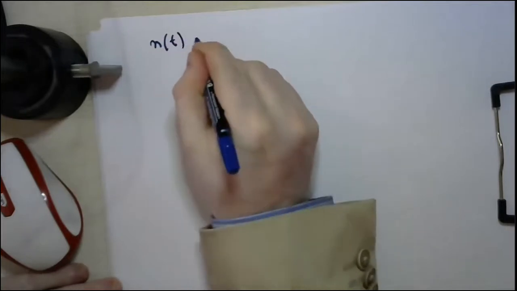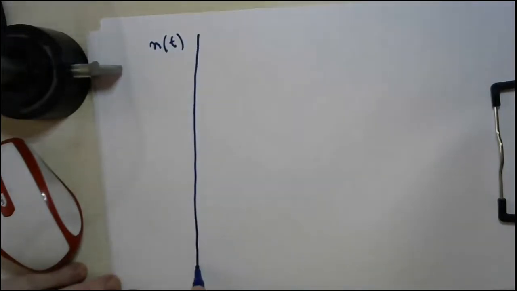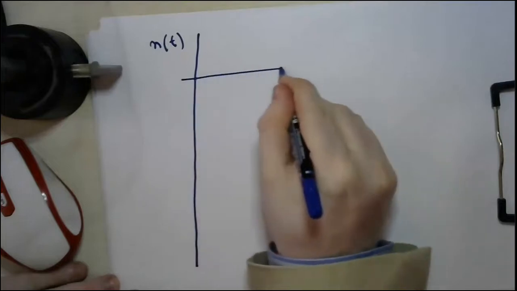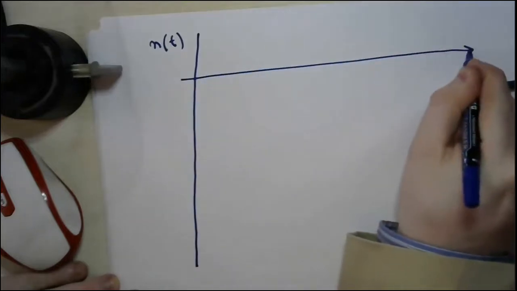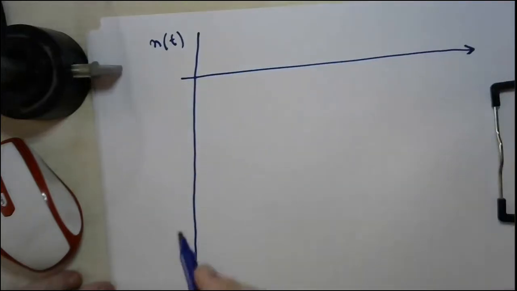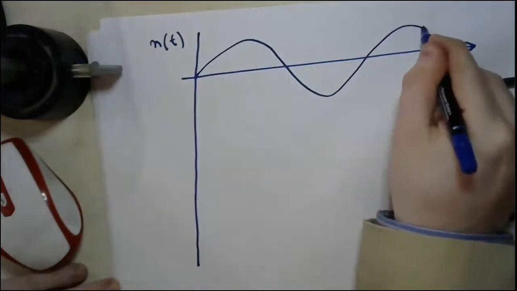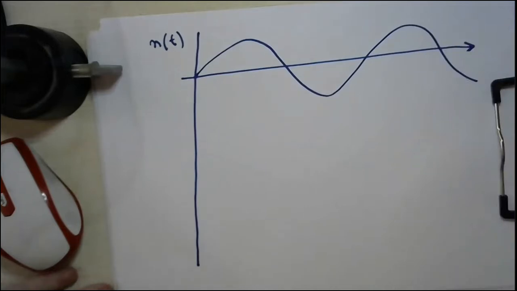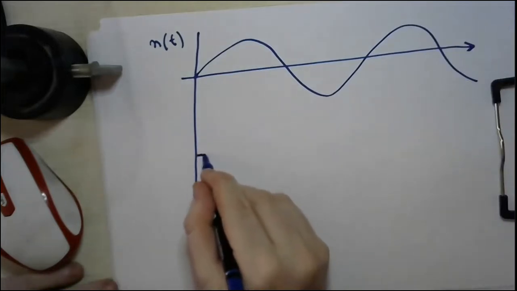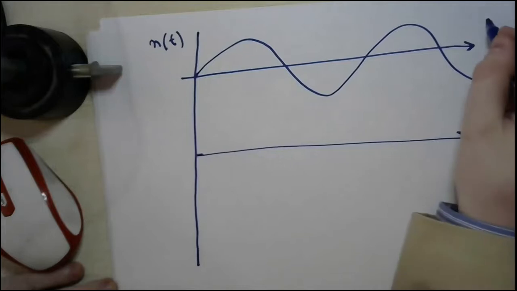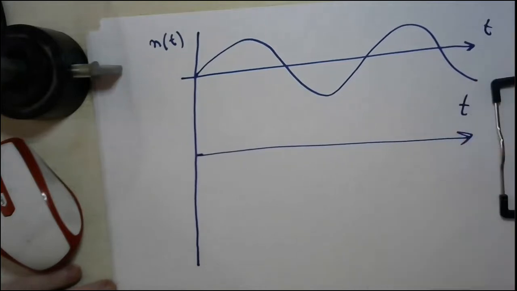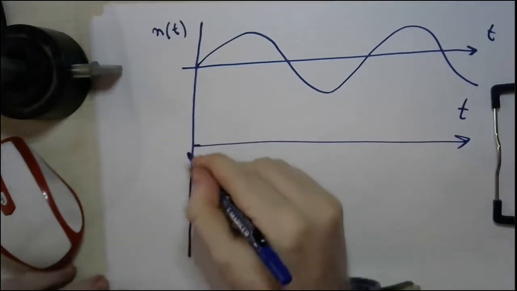So we have two signals. The first signal is the m of t, which is something like that. And the second signal is c of t, which is something like that.